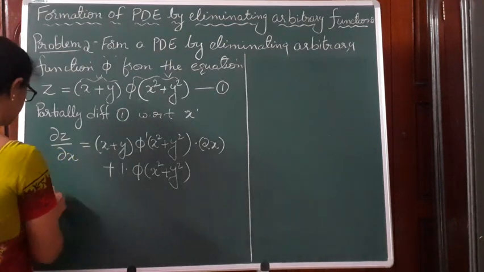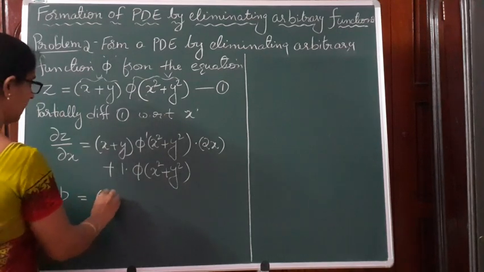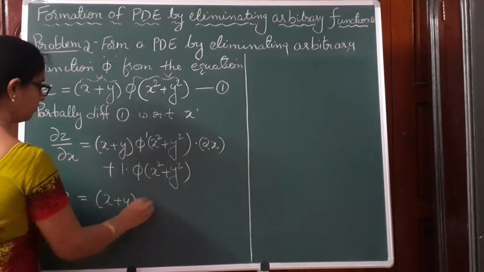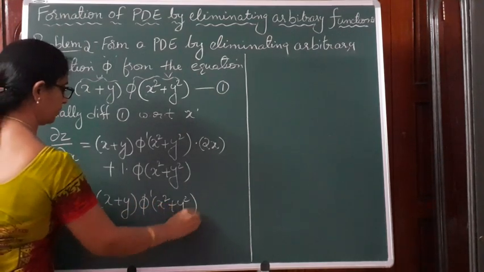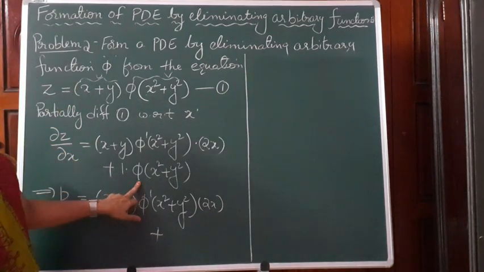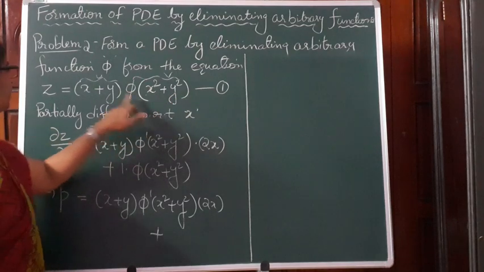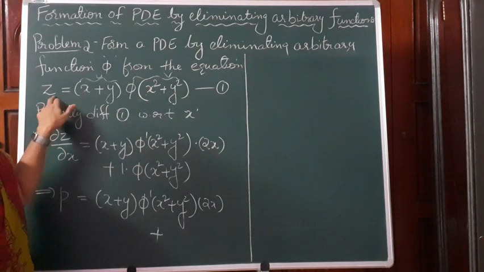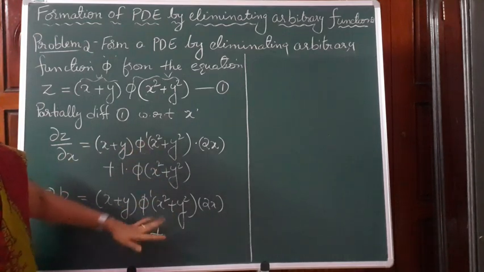Now ∂z/∂x is p, which equals x plus y into phi dash of x square plus y square into 2x, plus phi of x square plus y square. From equation 1, phi of x square plus y square can be written as z by x plus y, so phi is eliminated here. Of course phi dash is still to be eliminated.